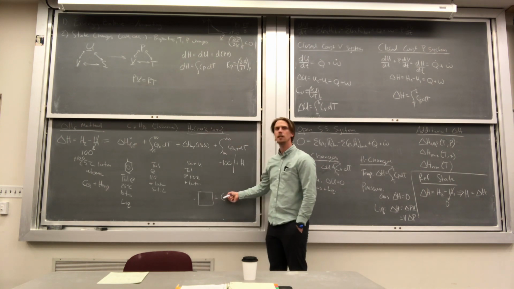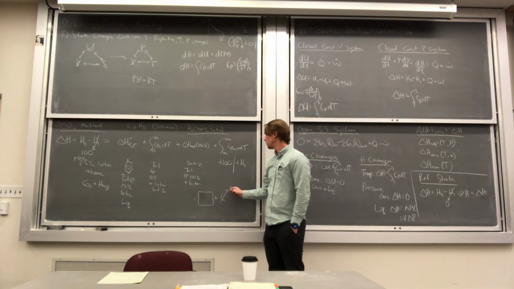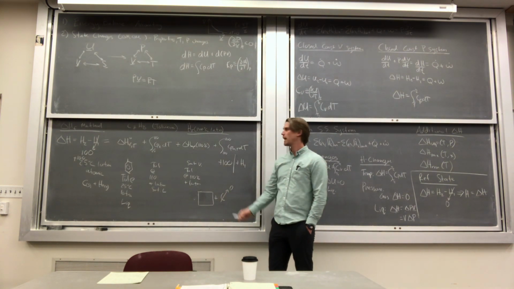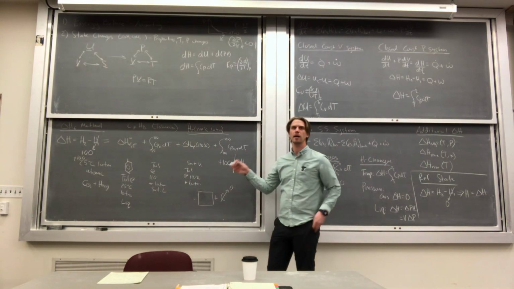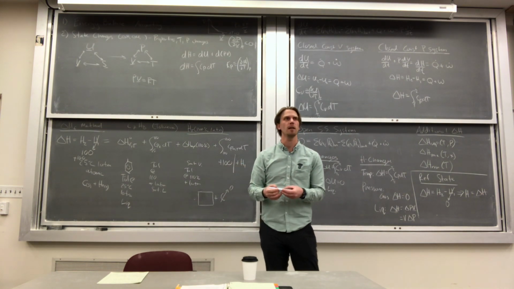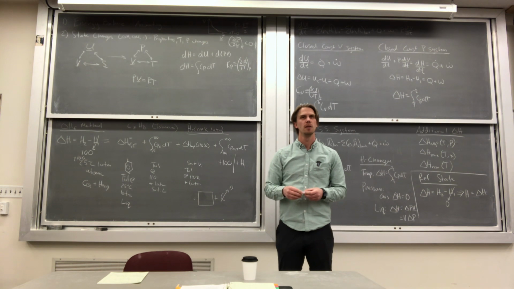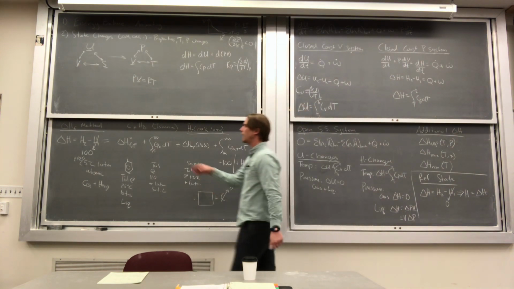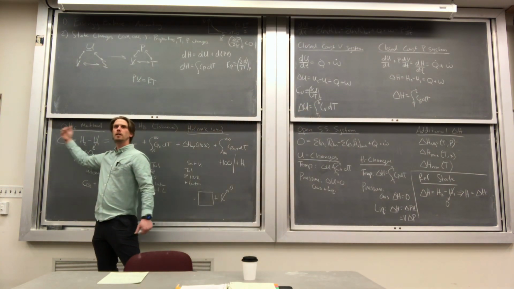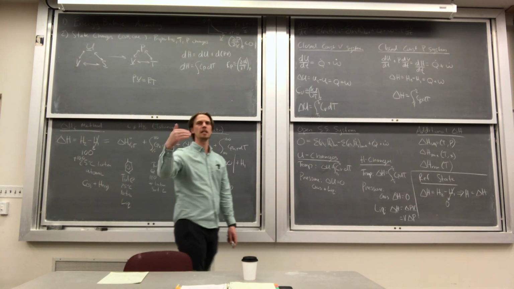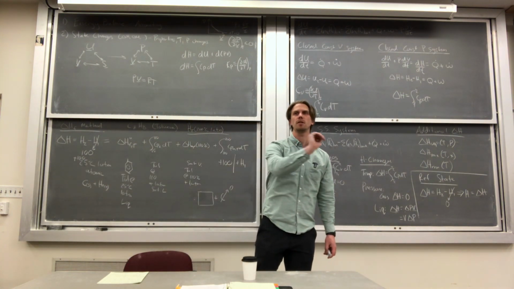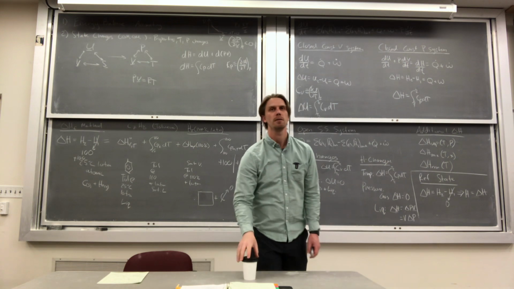This is the plus C at the end. But we can just set this equal to 0 to make our lives easier. But that's where this comes from if you want to go back to a more calculus perspective. It's sort of like the constant of integration. Because we've integrated a dH to get a delta H plus a C for that constant of integration. We just set that constant of integration equal to 0. That's where that comes from.